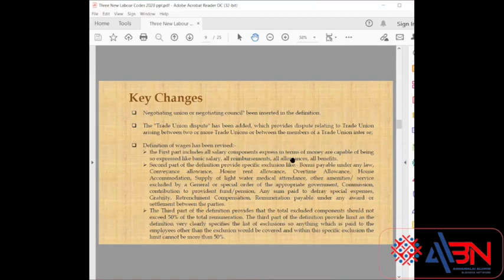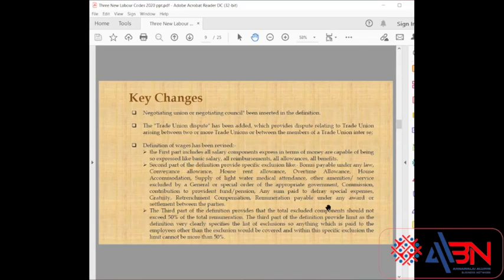Now, definition of wages has been revised. So, in simple words, I would say that wages has been divided into basic pay, and then there is a list of excluded allowances. So earlier basic pay could have been anything, but now they've ensured that the basic pay is not less than 50% of whatever the pay is.